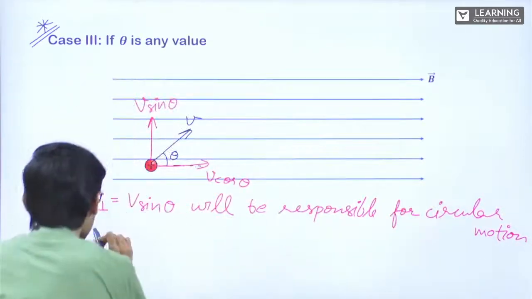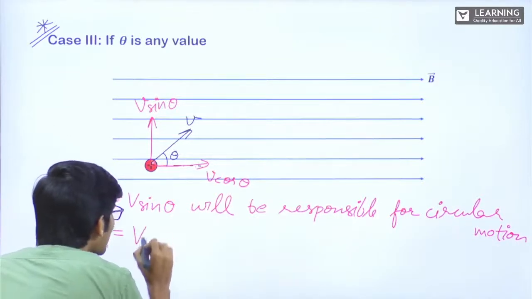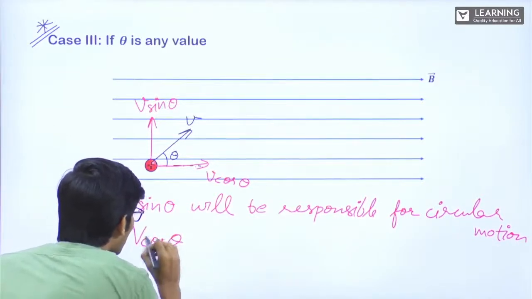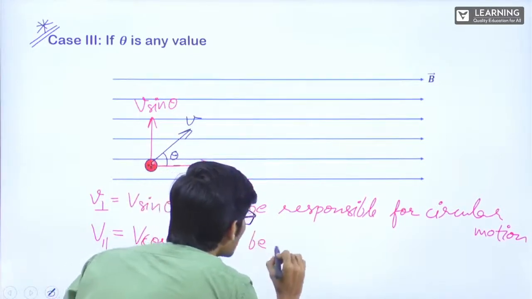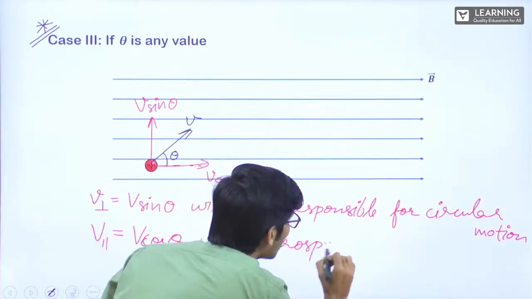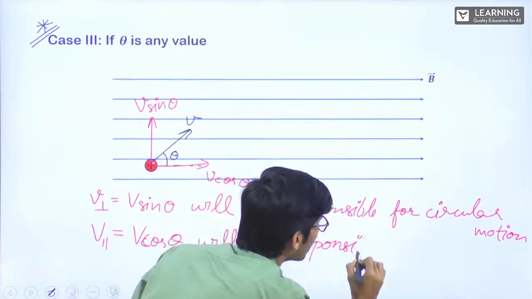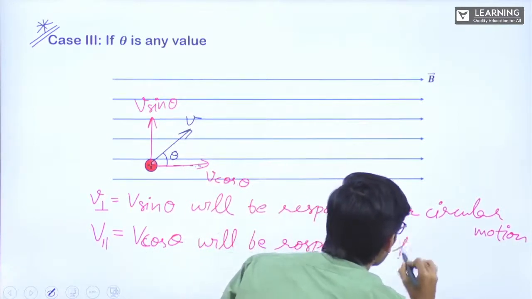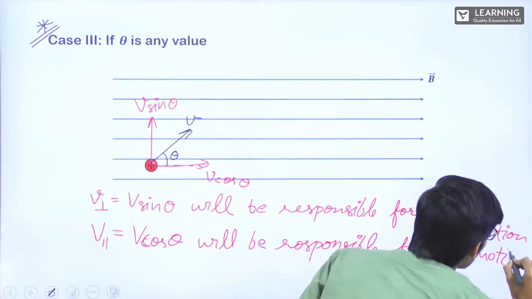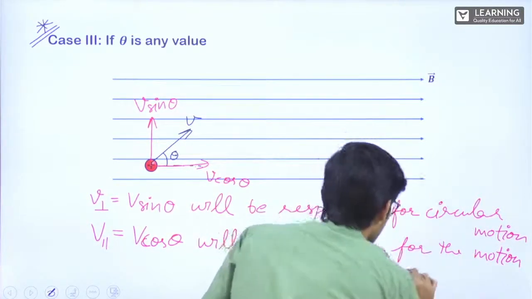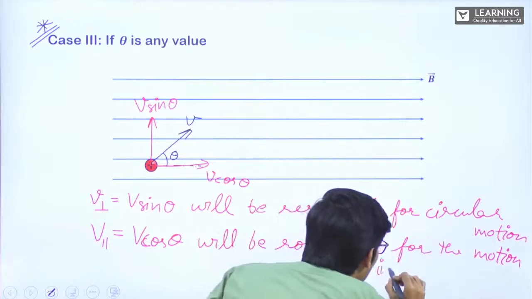Circular motion. And V parallel, that is V cos theta, will be responsible for the motion in the direction of magnetic field.